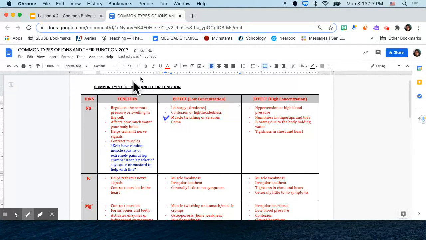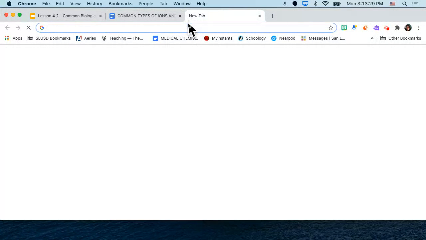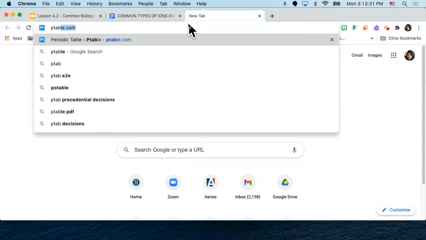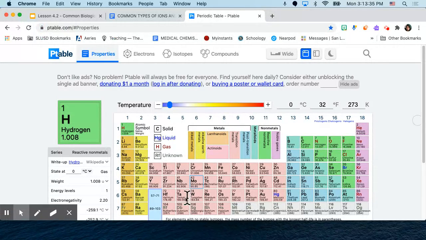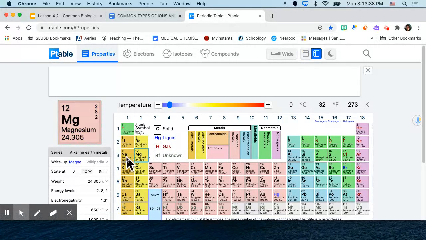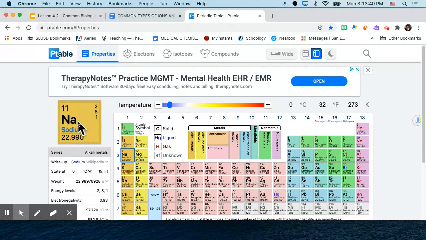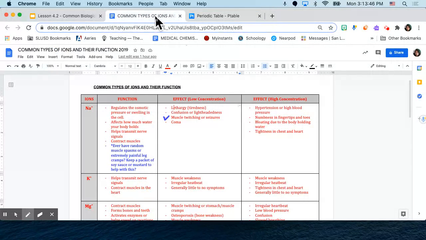If you don't know this, I would recommend that you go to ptable.com and look for sodium, Na, and recognize that this is sodium. It might not be sodium because we said it wasn't sodium, so let's erase that. That's not one of my options.